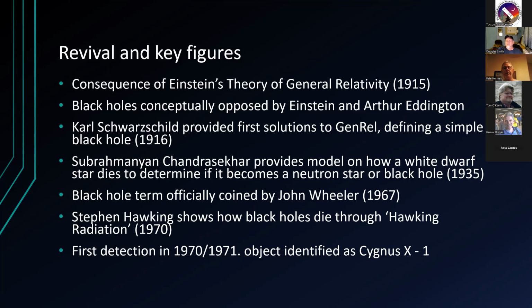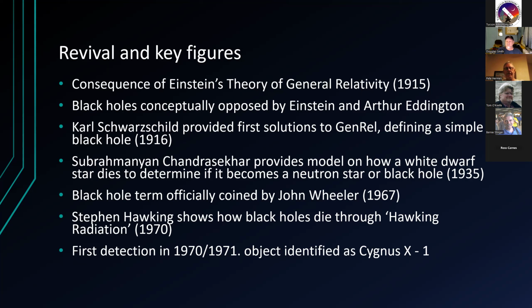Einstein and one of his serial collaborators, Sir Arthur Eddington, refused to accept that these might even exist. Even after Karl Schwarzschild, who we'll talk about in a second, provided some of the first solutions to Einstein's equations for general relativity, which defined the simple black hole, he was still just like, no, the universe can't allow these things to exist. We don't like infinities here.